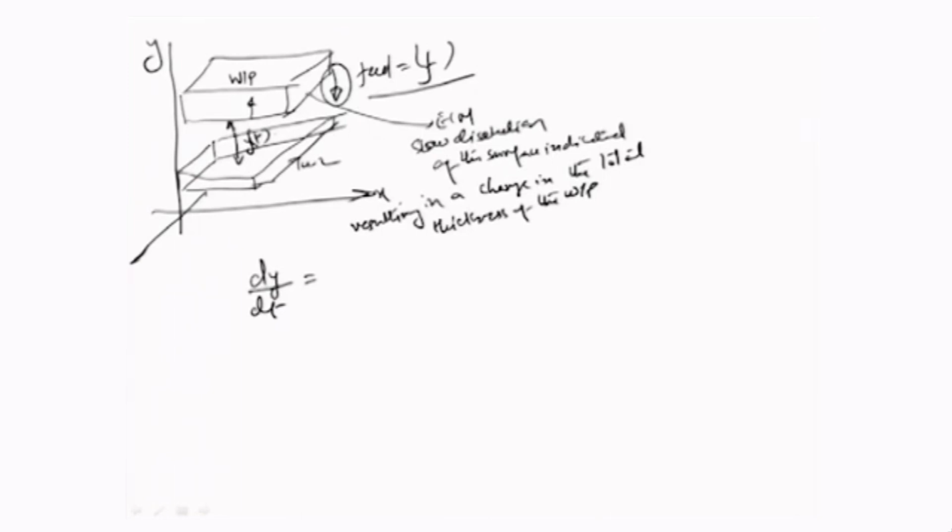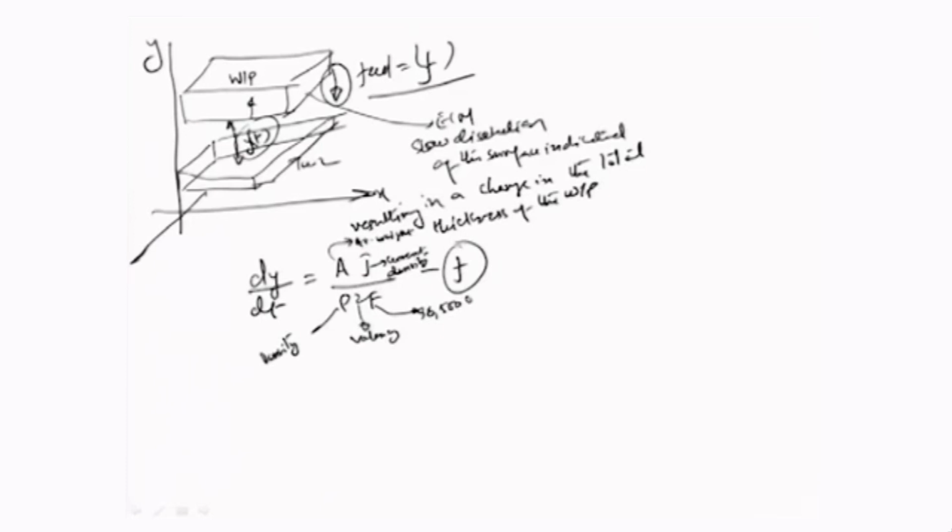So dy by dt, the rate of change of this gap y, was estimated as A times J by rho z F minus feed f, where z is the valency of the metal which you are dissolving, A is the atomic weight, J is the current density vector, which is the current per unit area, rho is the density, and F of course is 96,500 coulomb.